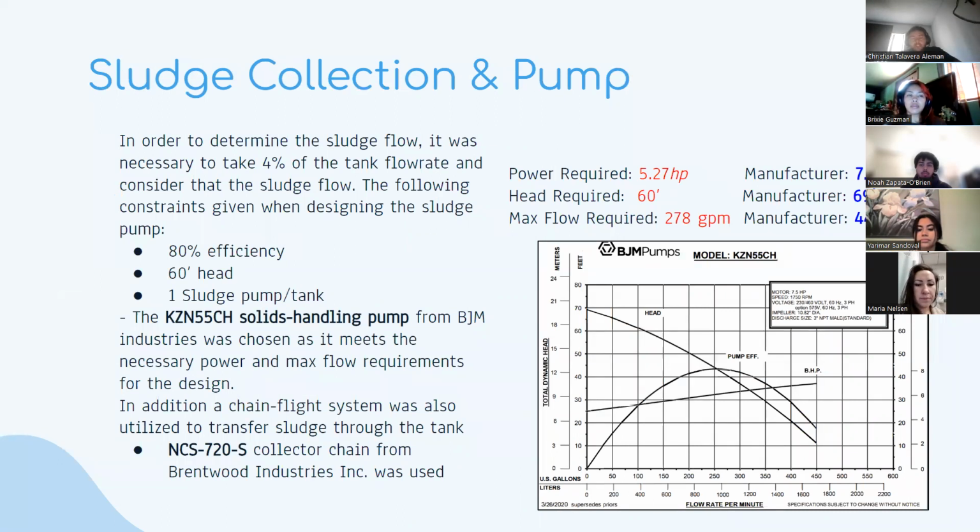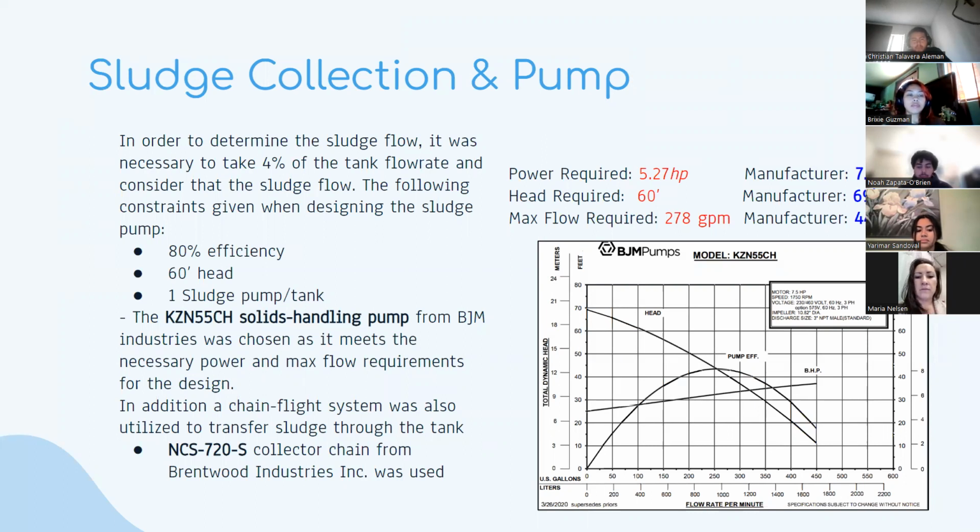So for our filtration system, we needed to implement a sludge collection and pump in order to get all the sludge out of that system. And for that, we used the parameters given, which was to use 80% efficiency, have a 60-foot head, and we had to have 1 sludge pump per tank. And we used all these factors to choose a KZN55CH solids handling pump.